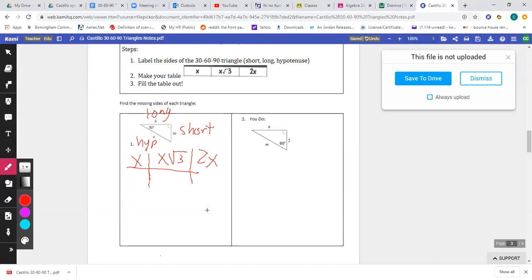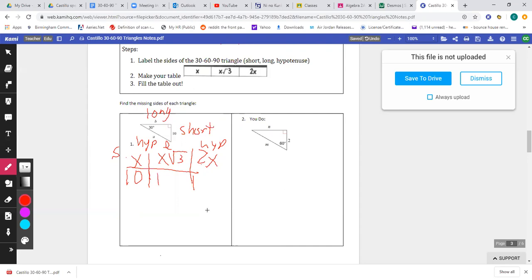So this one's a really simple problem, because if you make your table here, which one did they give you in this problem? They give you the short leg. So we just put this, remember it goes short, long, hypotenuse, right? Short, long, hypotenuse. So if they give you the short leg is 10, then this becomes really easy.